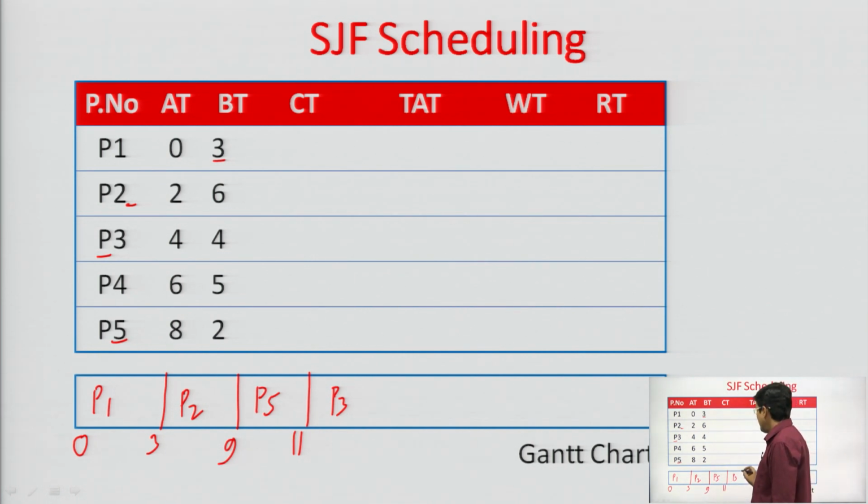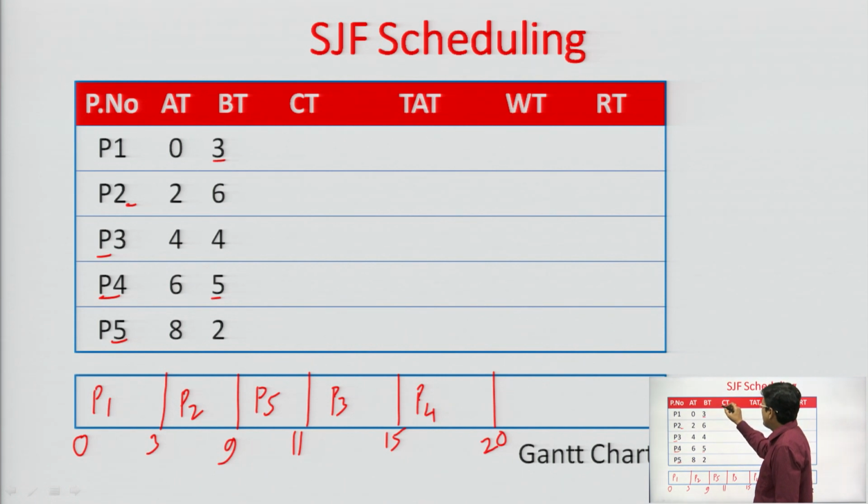P3 has a burst time of 4, so it runs up to 15. After this, P4 can take over, which is the last process as per the given system, and it has a burst time of 5. So, it runs up to 20. We have scheduled all the processes at the CPU. The Gantt chart started at 0 and it has finished at 20 as per this numerical.